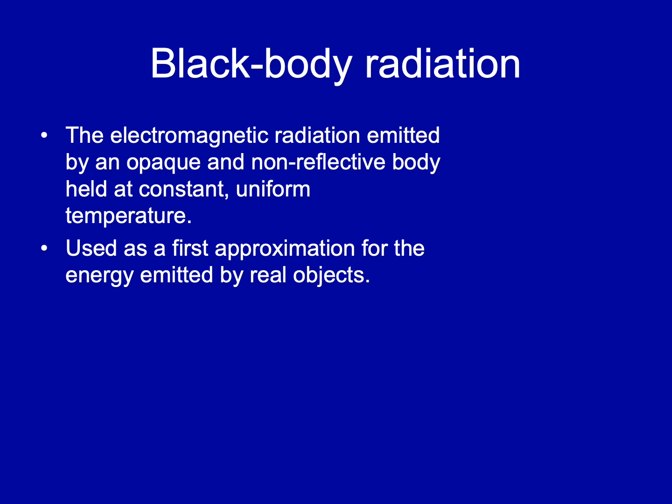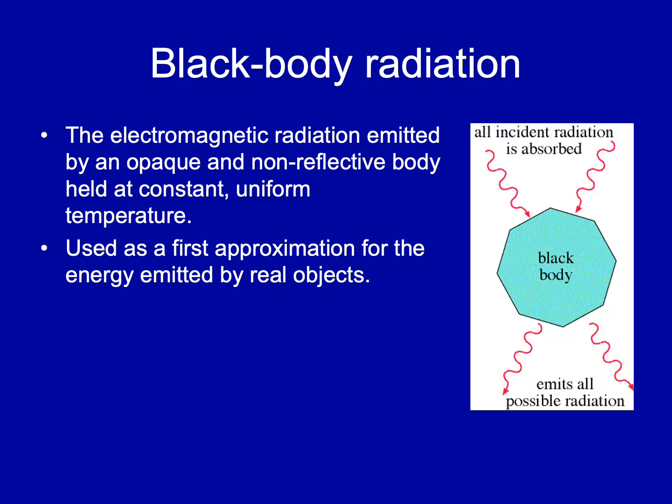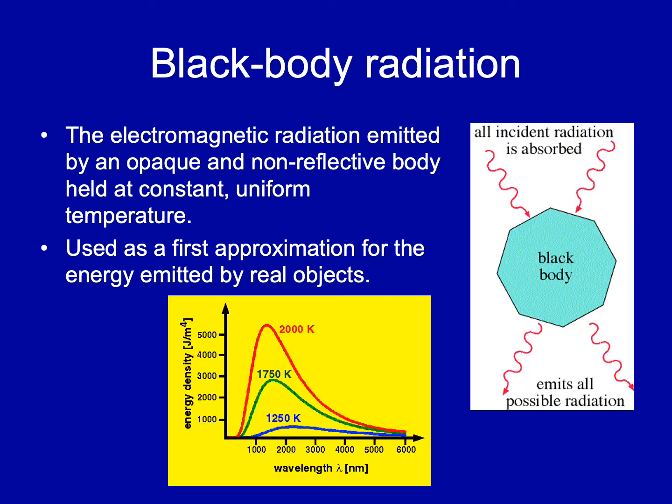The total energy emitted from a black body as radiation is proportional to the temperature of the object to the fourth power. So temperature times temperature times temperature times temperature. The wavelength of the emitted radiation also varies with the temperature, such that hotter objects emit radiation with shorter wavelengths, as shown here in the yellow illustration.